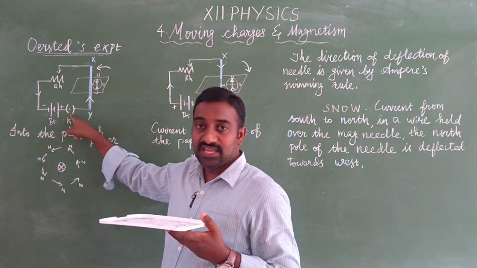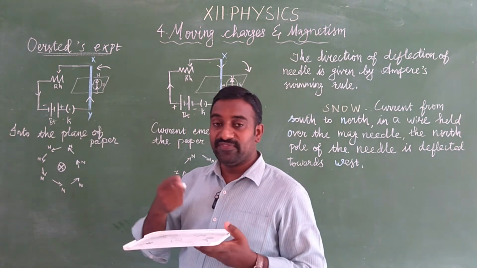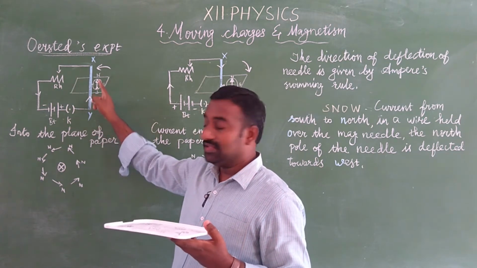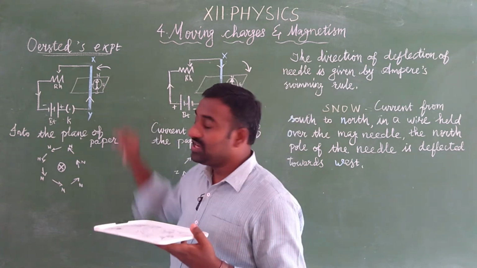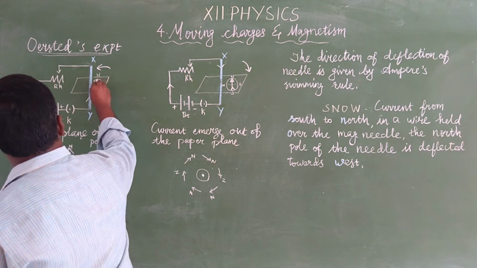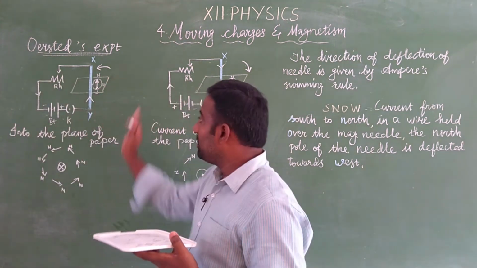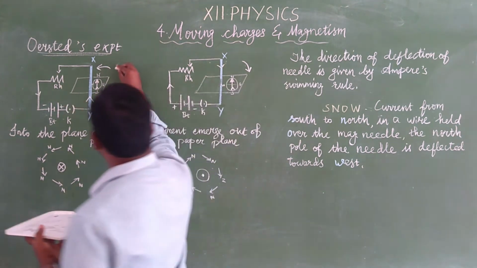When he plugged in the key, within a fraction of a second, the current is entering into the region perpendicular to the plane of the paper, and he noticed that there is a deflection in the magnetic needle. This is the magnetic north and this is the magnetic south. Usually the magnetic needle should point north-south, but it is deflected towards the west.